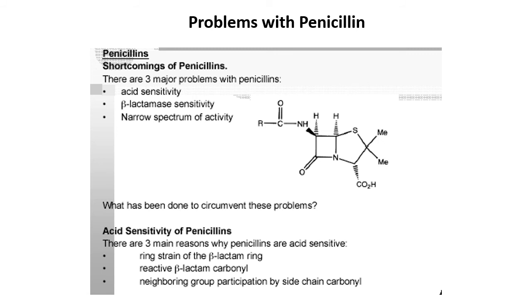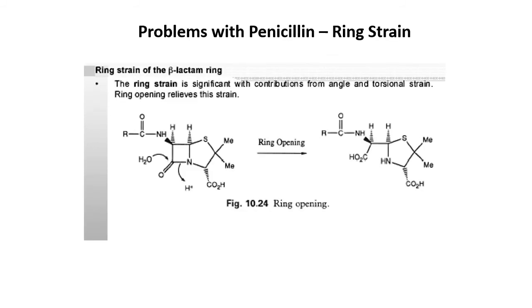Okay, so what can happen is you can have neighbouring group participation, where the side chain over here can basically cause self-immolation. This is catalyzed by acid. So this is what's believed to happen. We have basically acid-catalyzed hydrolysis of the ring, either by water or in some cases by the neighbouring group carbonyl over here.